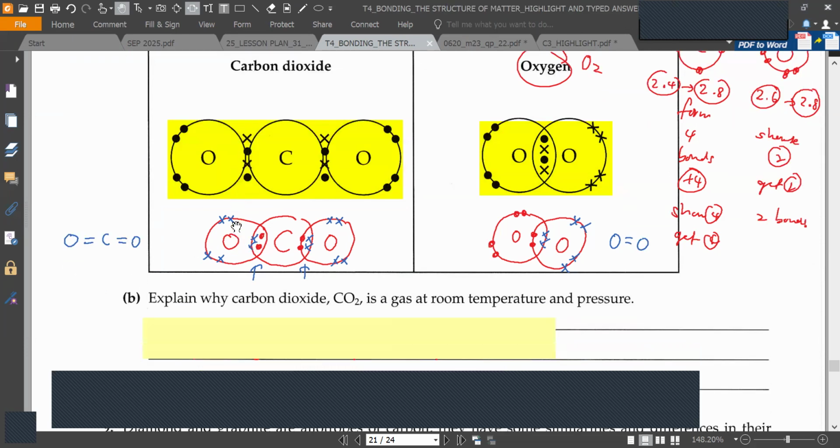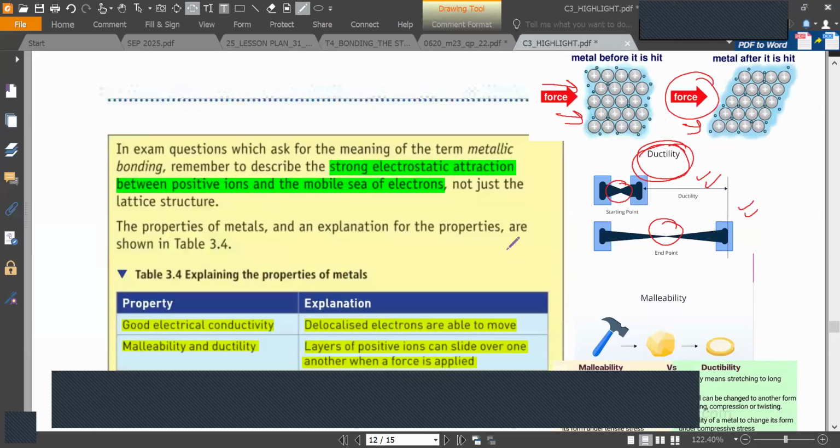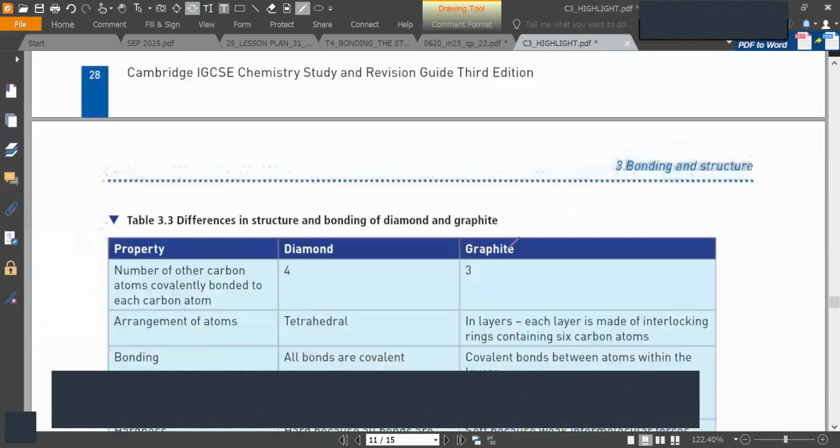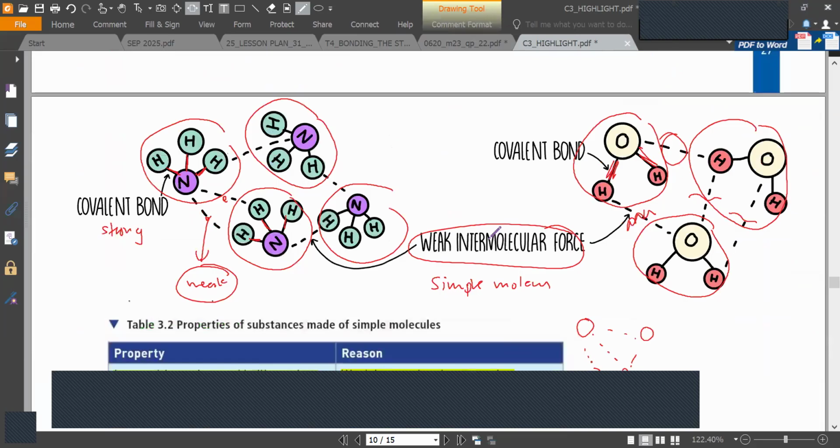Why is carbon dioxide a gas at room temperature? Because of what we mentioned just now, these weak intermolecular forces. Weak intermolecular forces mean low melting point, low boiling point.